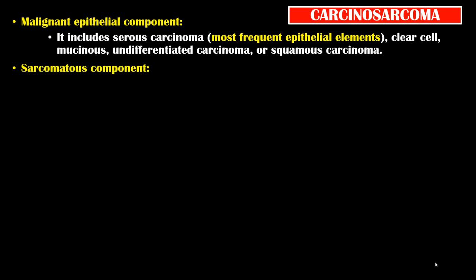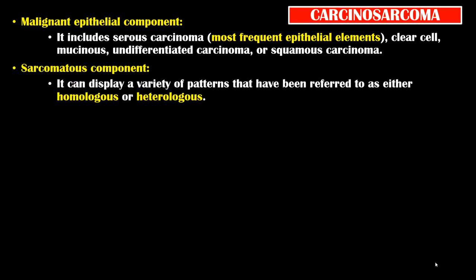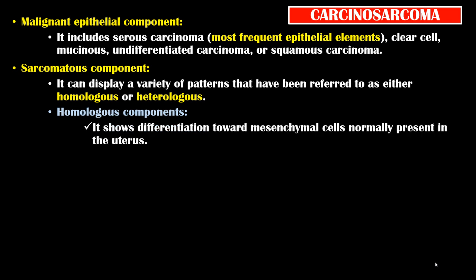Sarcomatous components. It can display a variety of patterns that have been referred to as either homologous or heterologous. Homologous components. It shows differentiation toward the mesenchymal cells normally present in the uterus.